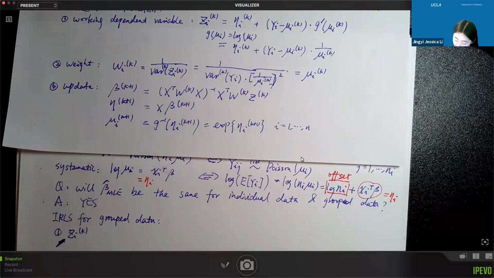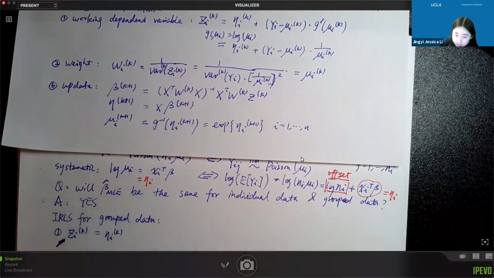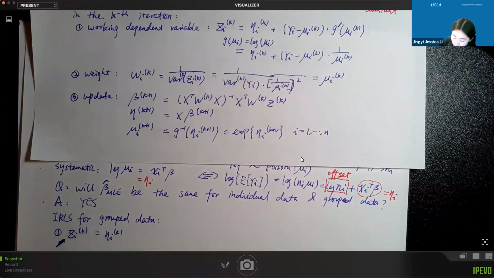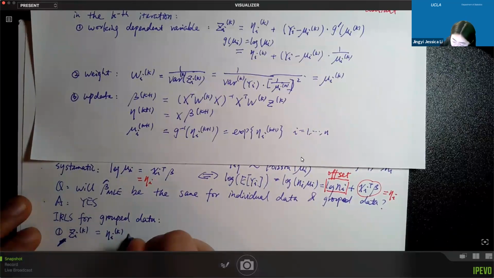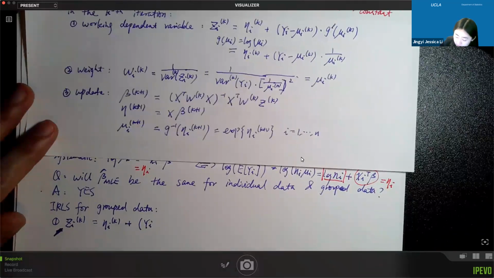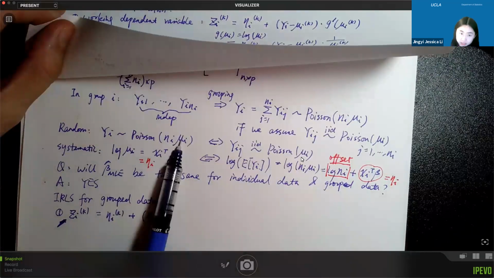So the z_ik is still eta_ik. And then for the y_i minus mu_ik, here it is for the group data. Let's take a look. y_i is the response, and its mean is now not mu_i, but n_i times mu_i.